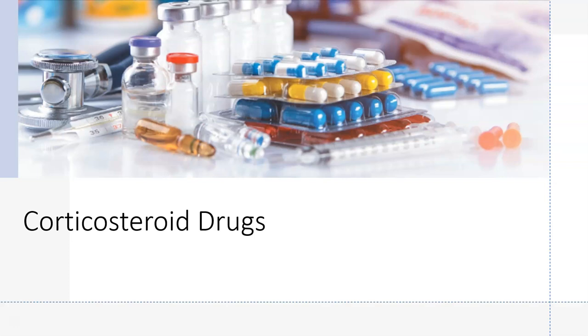They're also used to treat the anemia caused by chemotherapy drugs. We've already discussed these in Chapter 14 of the endocrine system. We know that corticosteroids end in -one or -lone.